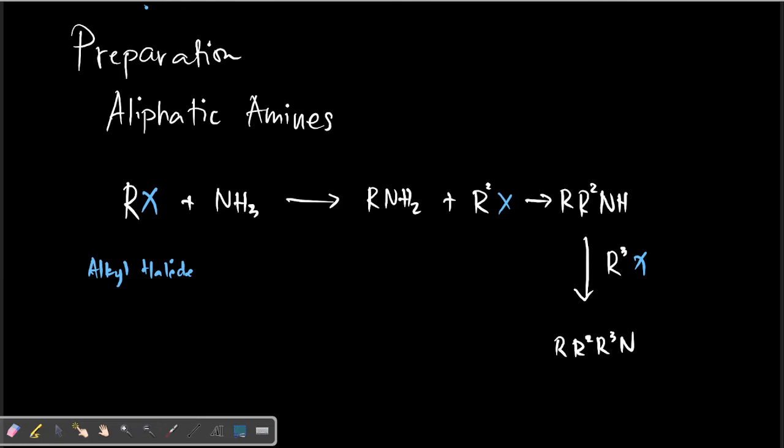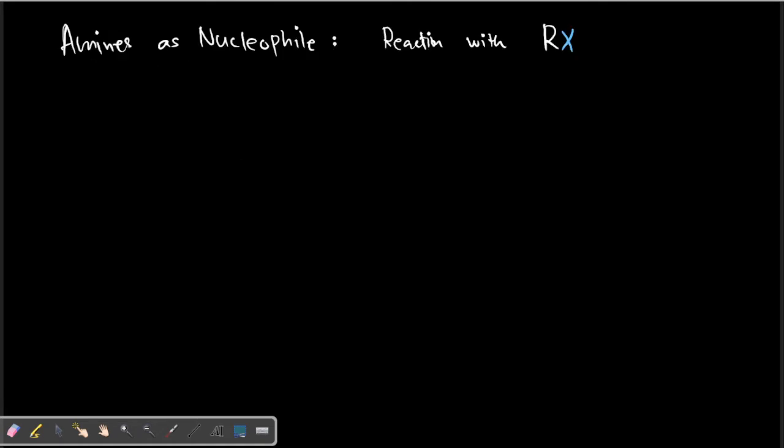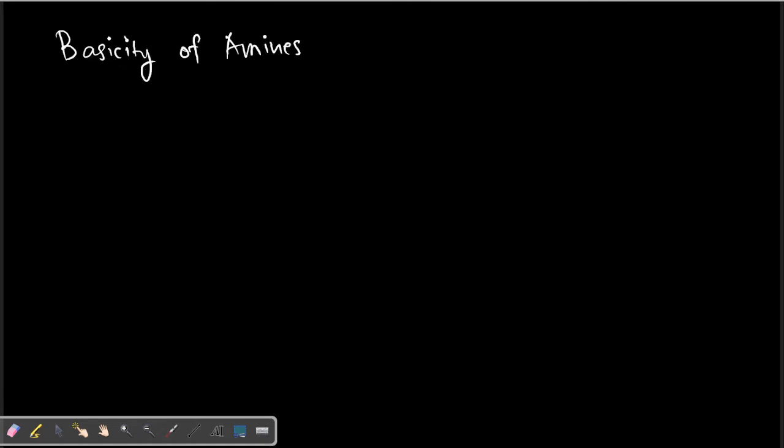So as for the reactions, I will be shortcutting some of the reactions here. We will actually be focusing only on the basicity of amines as nucleophiles and reactions with HONO or tinatawag nating nitrous acid. So for the basicity of amines, we will just be comparing kung gaano ba ka-basic or gaano kataas yung basicity ng ating amines.